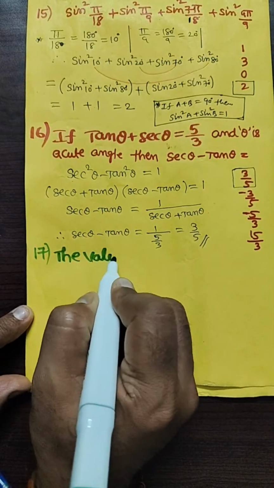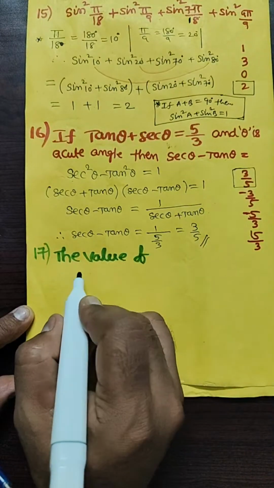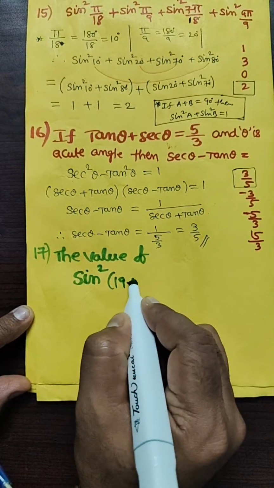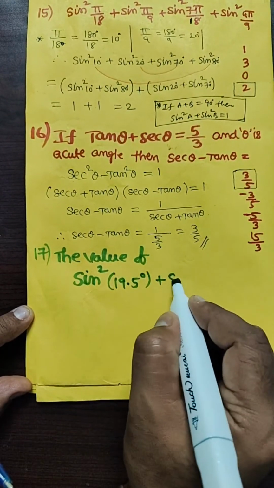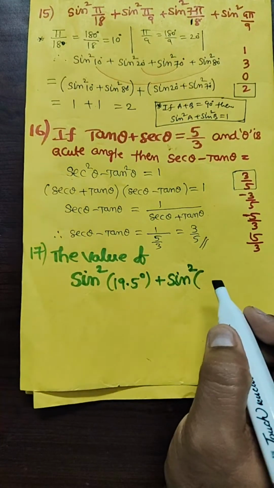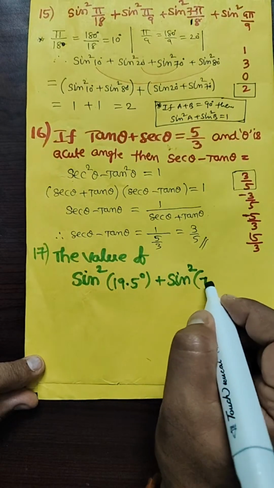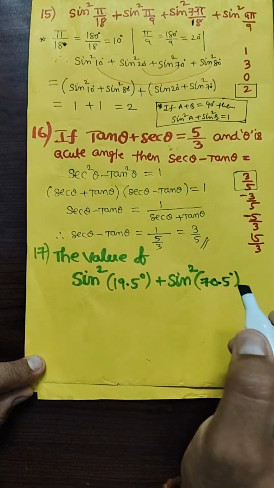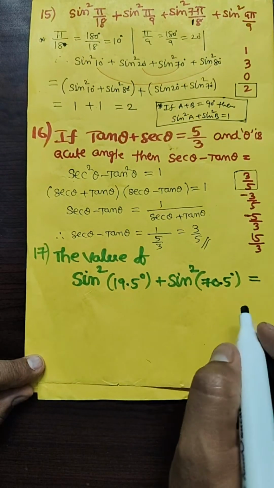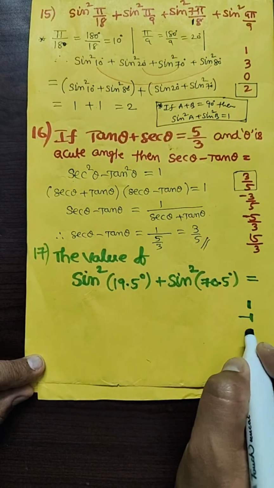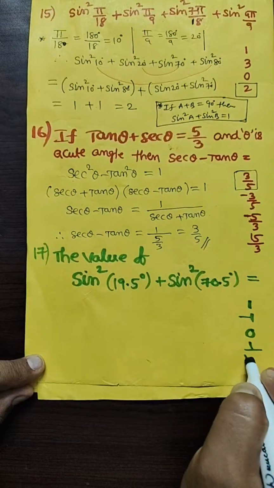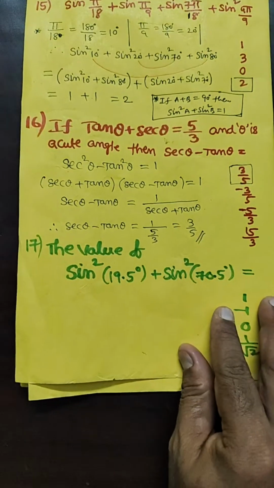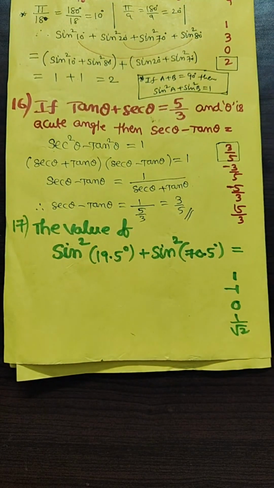The value of sine square 19.5 degrees plus sine square 70.5 degrees is equal to, so the options are 1, minus 1, 0, 1 by root 2. So justify your answer, dear students. In what way can you conclude?